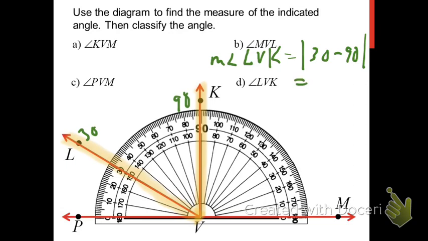And of course, that's going to give you the absolute value of negative 60, which is going to be 60 degrees. Now, I've been emphasizing this little m over there. Also, always include units. And for an angle measure, the units is that little degree symbol. And then since the measure of angle LVK is between 0 and 90 degrees, that means its classification is that it's an acute angle.